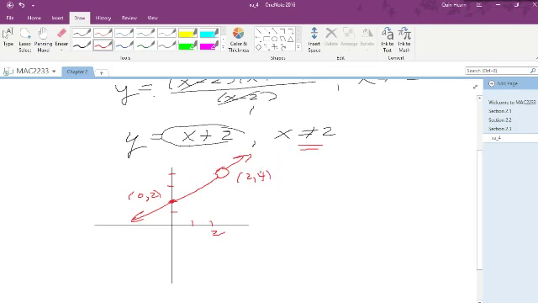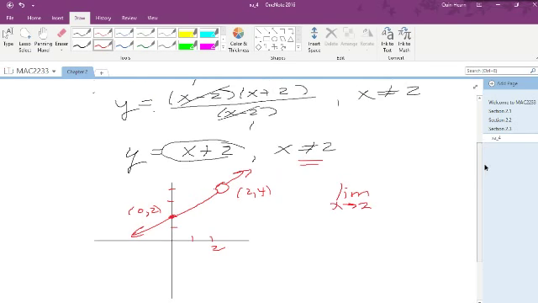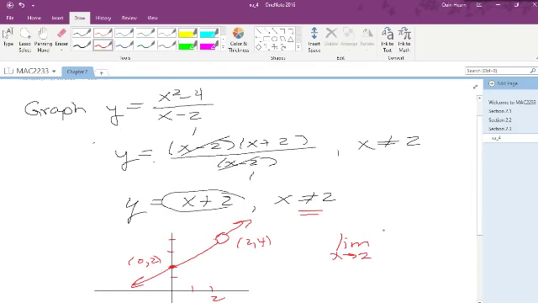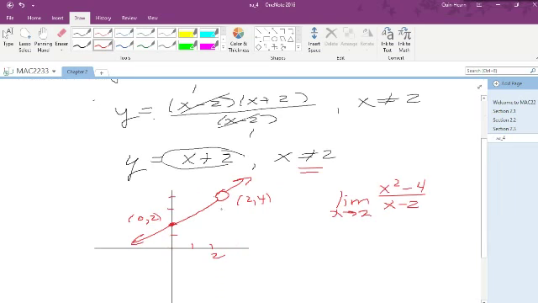Now what we were interested in was the limit as x approaches 2 of the original function, x squared minus 4 over x minus 2.